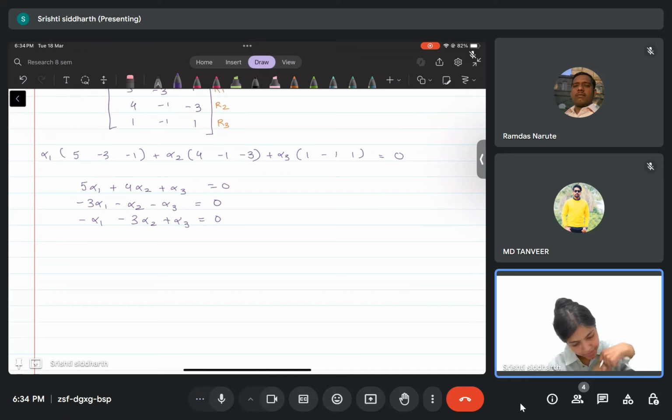Okay, so let's see if we can simplify this. We can substitute alpha 3 from here. So the equations are 5 alpha 1 plus 4 alpha 2 equals 0.